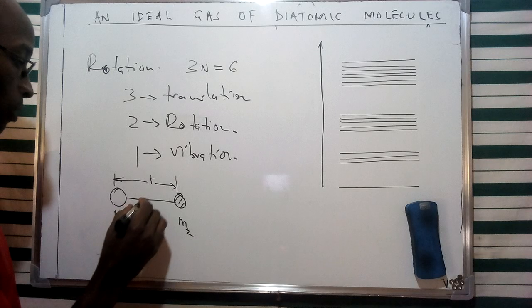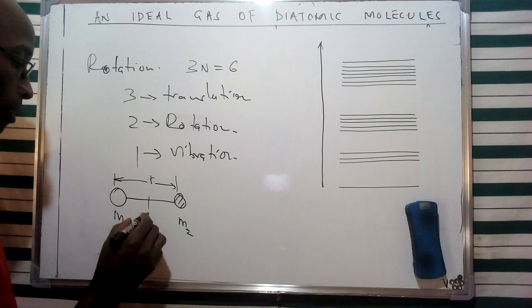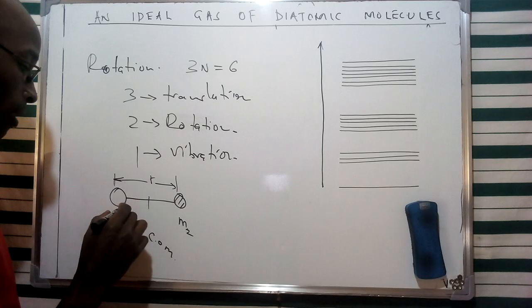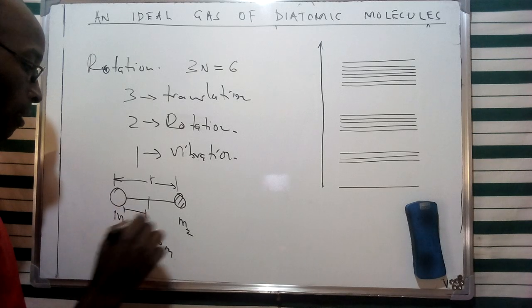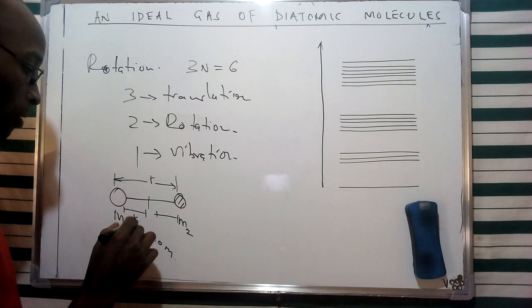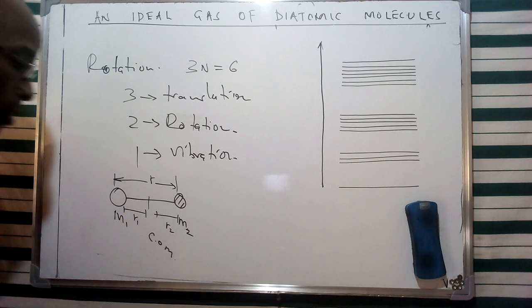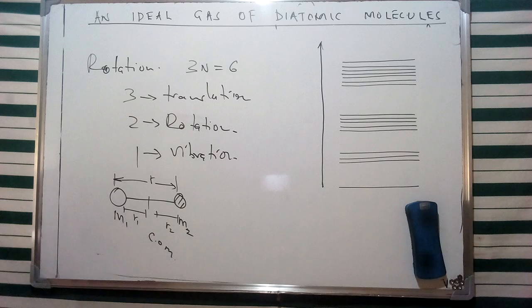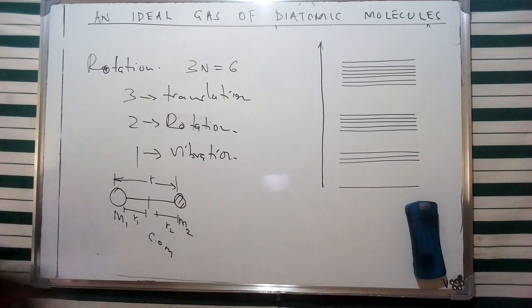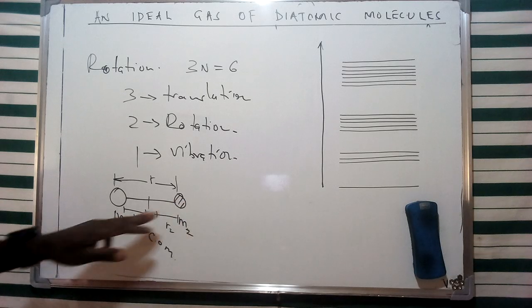And we said that we are going to consider the center of mass, which is going to give us what we refer to as the moment of inertia, by considering the radii, the distance between the center of mass and the positions of the two atoms.